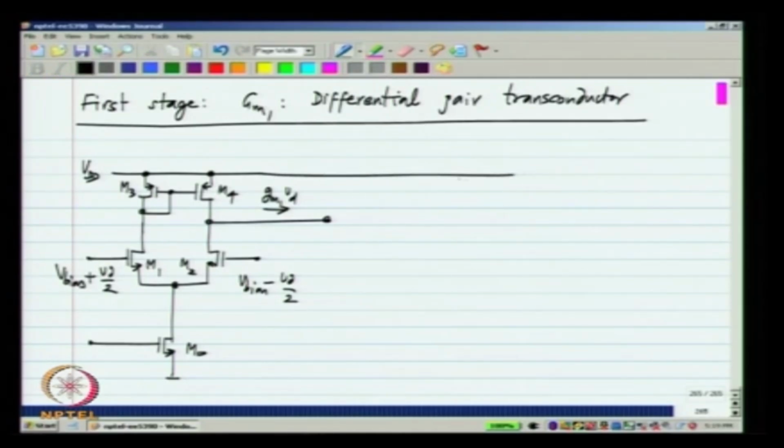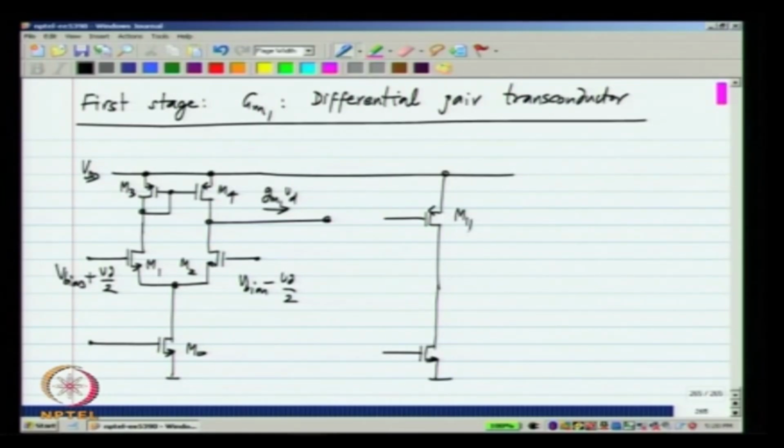So, my second stage GM will be that, and I would want as high a DC gain as possible in this as well. So, I will not load it by a resistive load, I will load it by an active current source load.